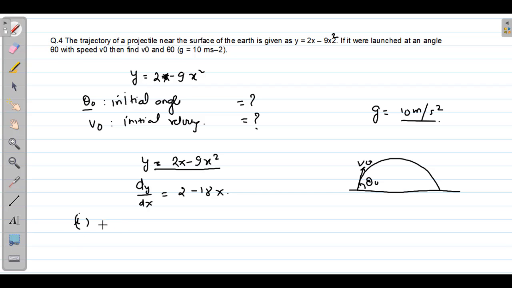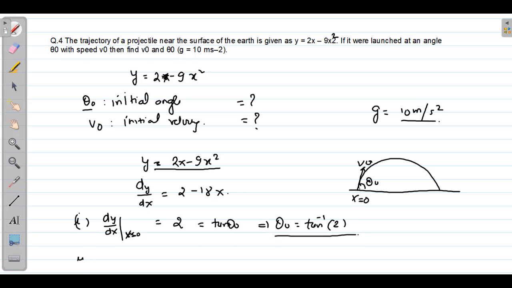Case 1: first we put dy by dx at x equal to 0. So this will give the slope of this trajectory at this point, x equal to 0. We put x equal to 0, we get 2. So this is equal to tan theta 0. This implies that theta 0 is equal to tan inverse 2. This is the initial angle of projection.